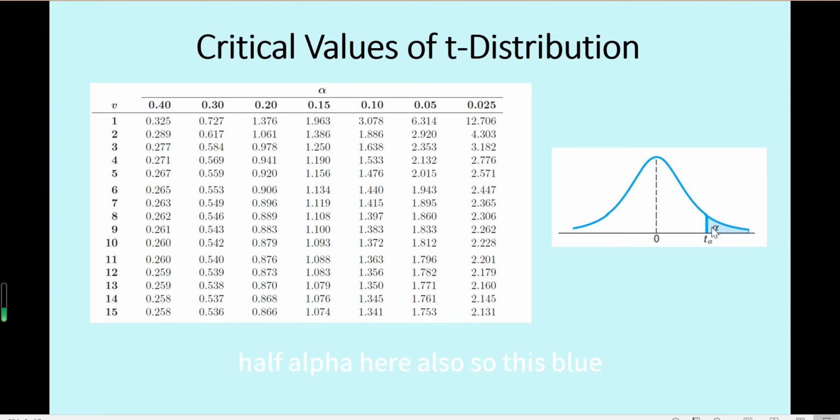This blue shaded area in the curve represents, for example, 0.05 for the type 1 error, also called the significance level. So in the test, if we get a test statistic to the right of t alpha, or we get a p-value less than alpha, we say the test is significant at the level of alpha.